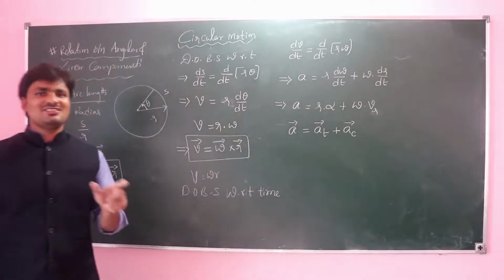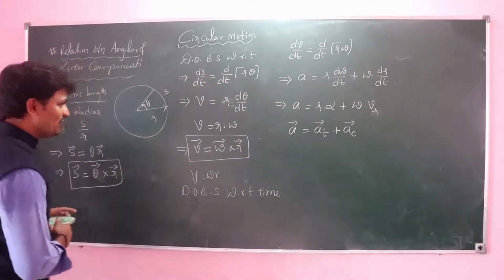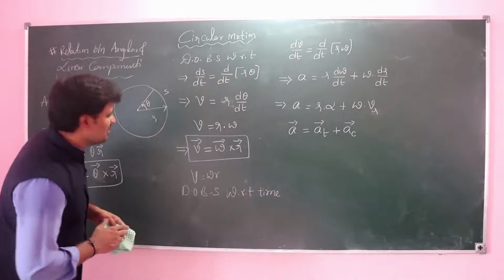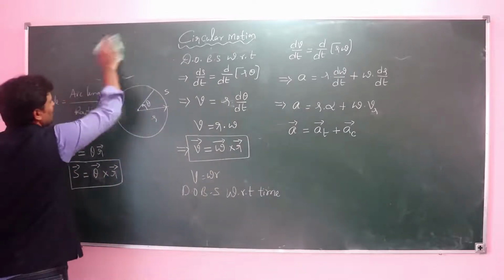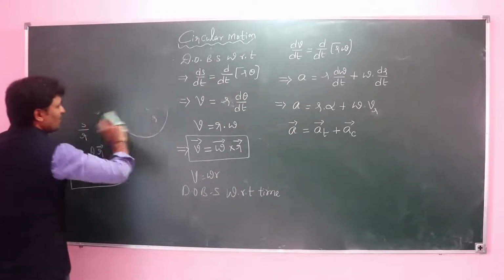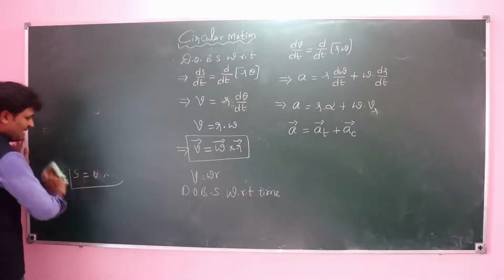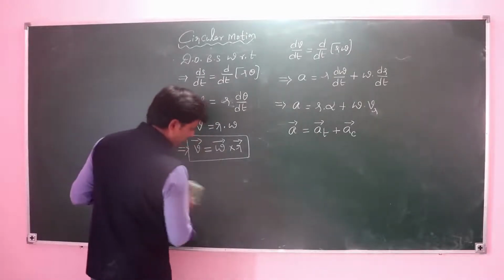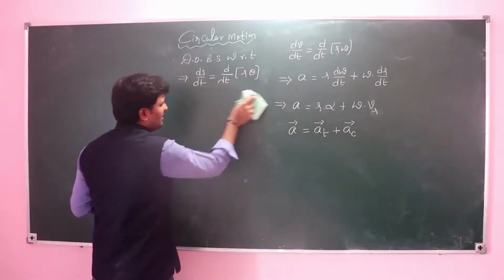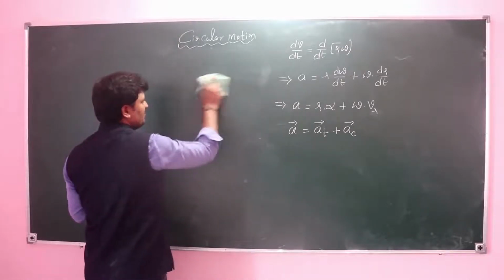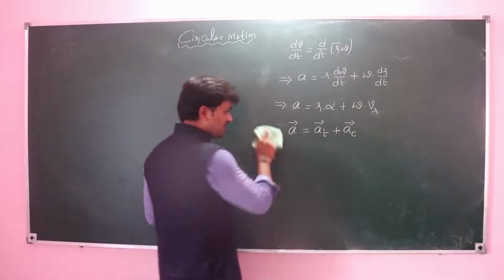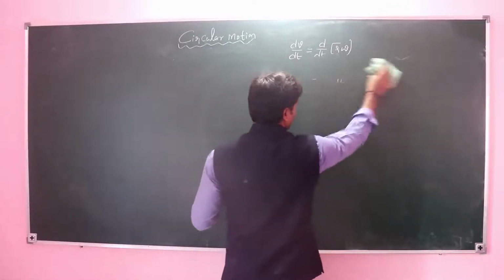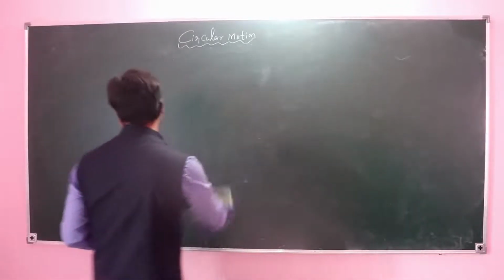If the motion is uniform circular motion. What is the meaning of uniform? Uniform is same or constant. So uniform circular motion is nothing but the motion of a particle where the speed remains constant.